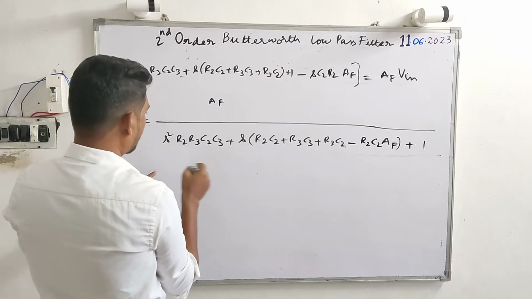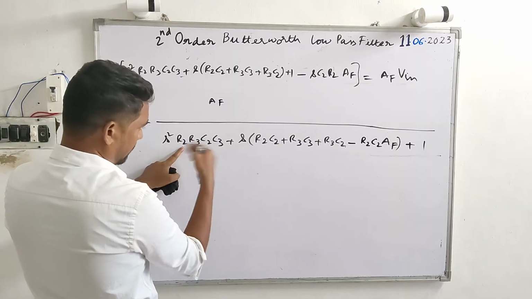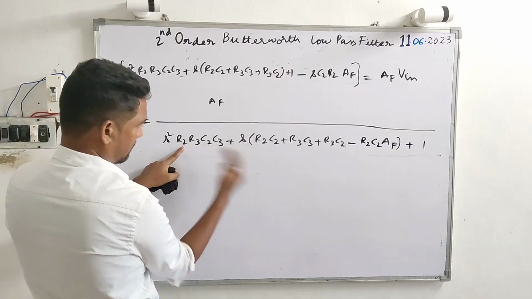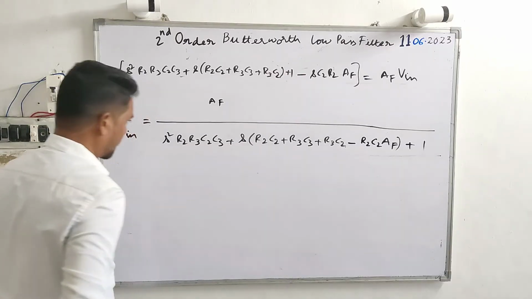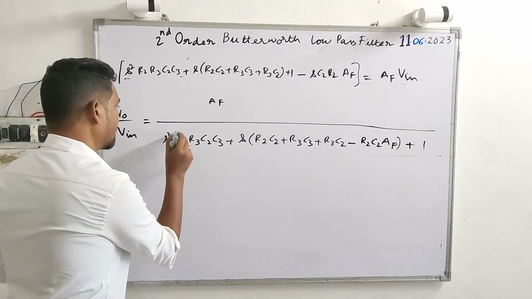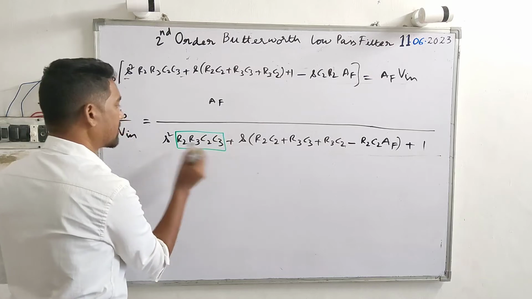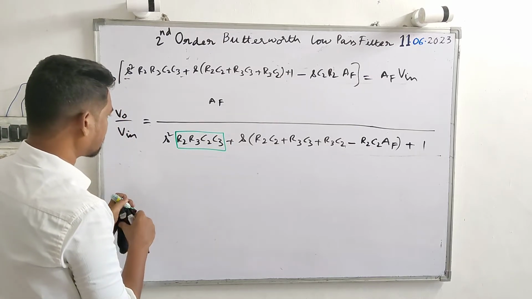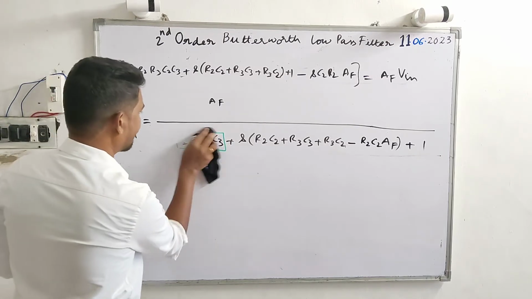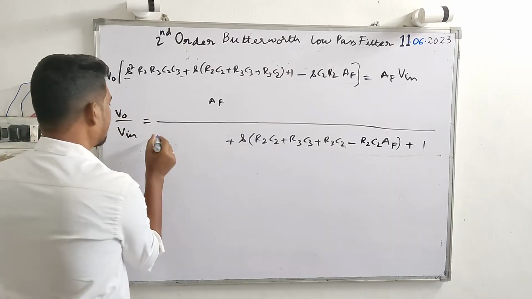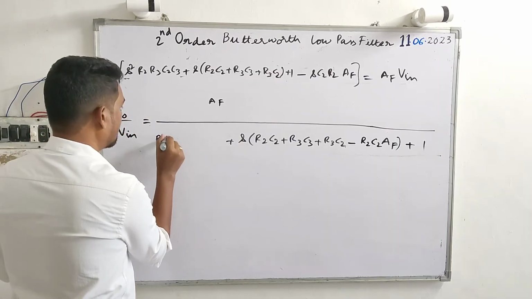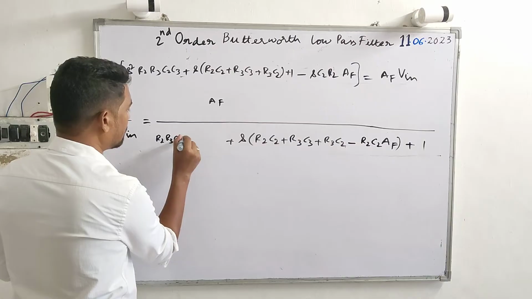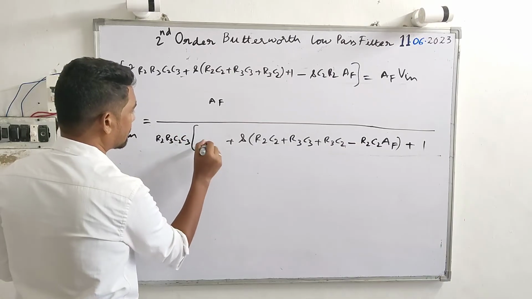So taking out R2, R3, C2, C3 as common from all the terms, this one entire term is coming from all the terms.